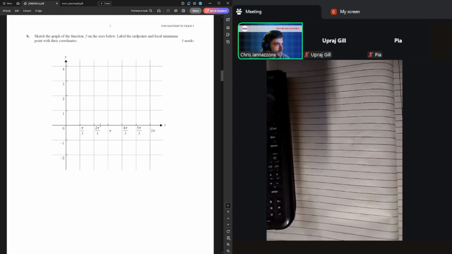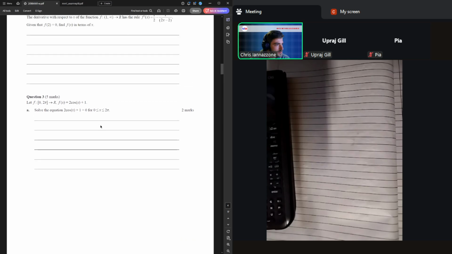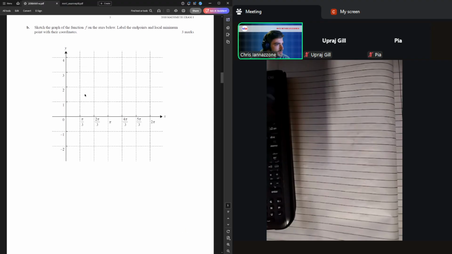Sketch the graph of f. So f is 2 cos x plus 1. Sketching it. That should also be fairly quick. And it's 3 marks, so we save time on this one.